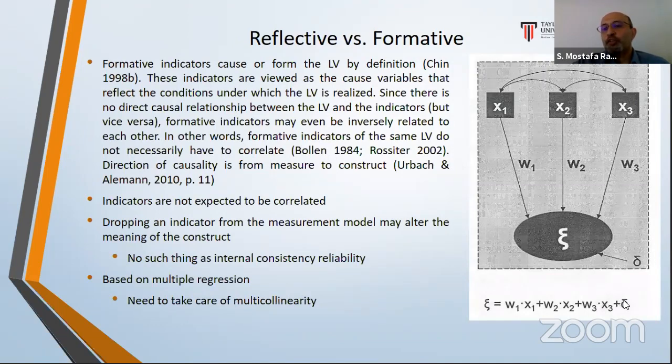So this error part in a formative construct should not be more than 50% of the meaning of the construct. More than 50% should be represented by available items, and this missing part should be less than 50% of the variance of the latent variable.